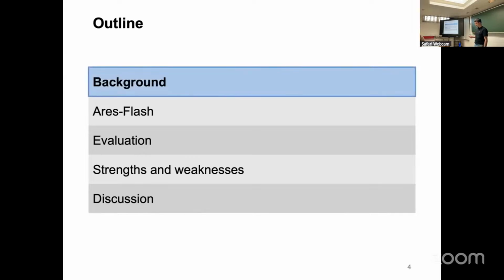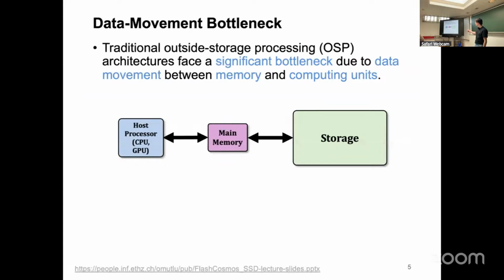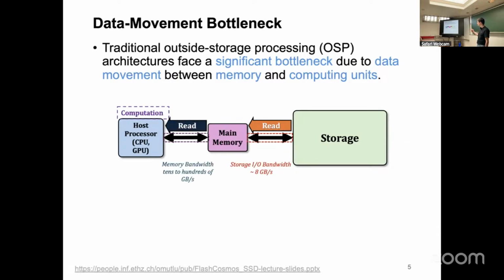For the background, here you see a broken down, simplified architecture of traditional outside storage processing systems, where we have the data in the storage, read it to the main memory, read it to the host processor, and there the computation happens. As we all know, then we write it back.